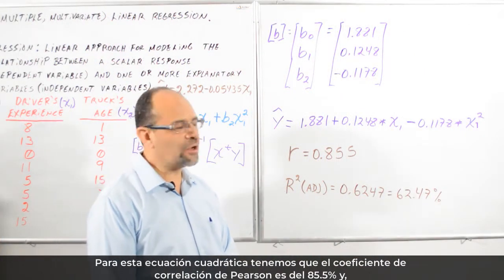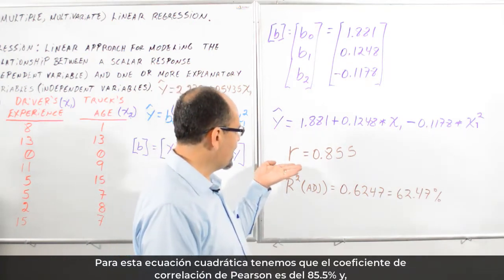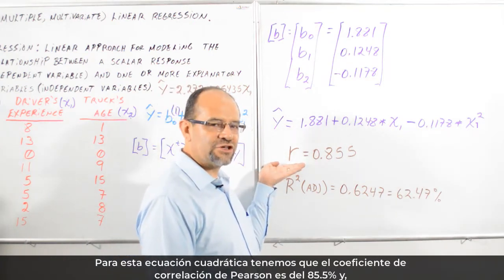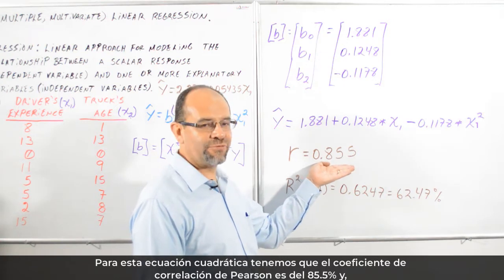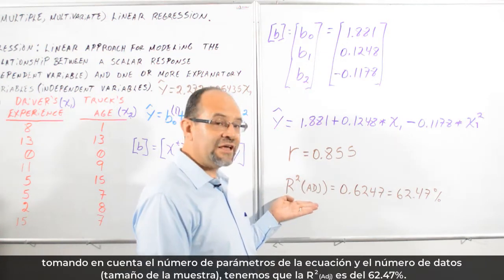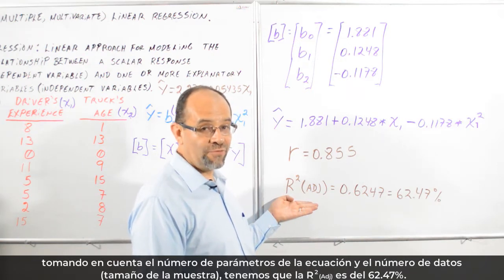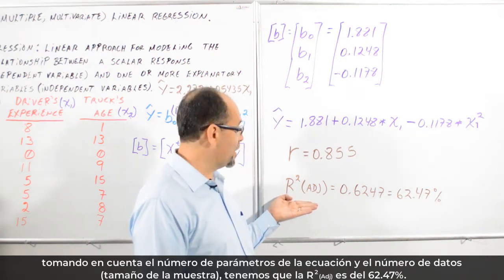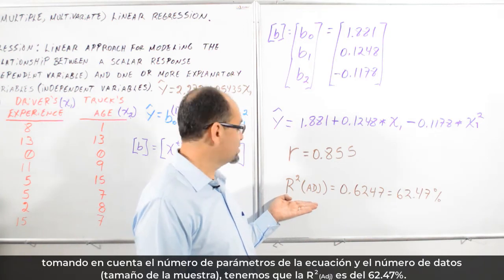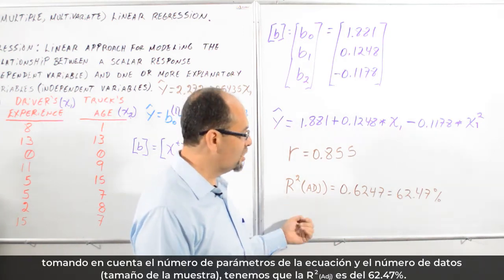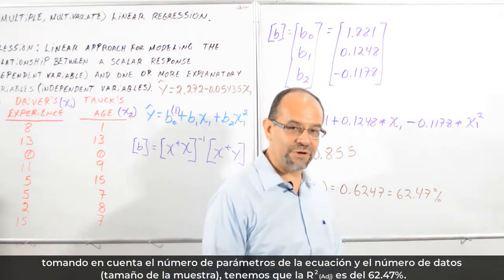For this quadratic equation, the Pearson coefficient of correlation is 85.5%. And taking into consideration the number of parameters of the equation and the number of data values, the sample size, the R square adjusted is 62.47%.